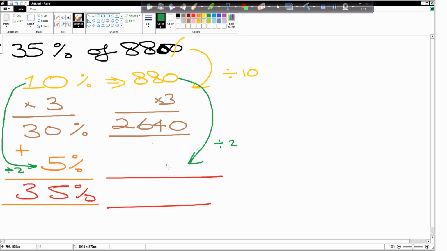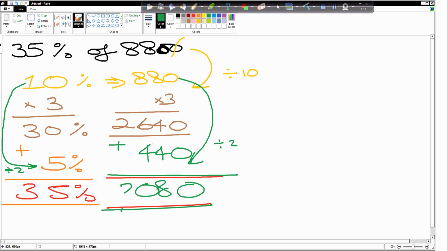So 880 divided by 2 will give us what? 440. Okay, now we need to add them up. So we need to add the 30% value and the 5% value. So 35% is equal to 3,080.